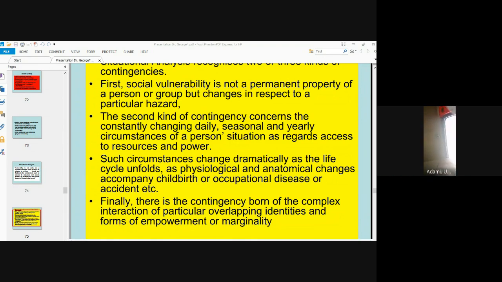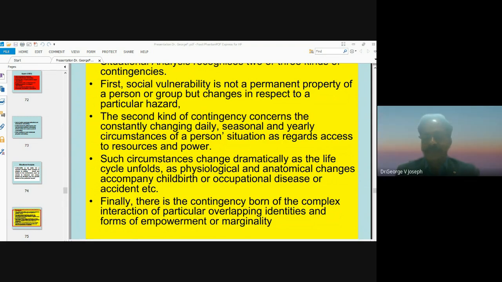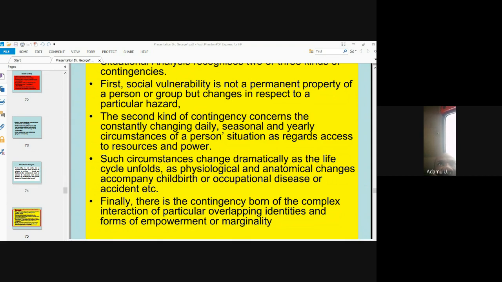If I understood correctly, vulnerability should be seen from all perspectives, all ramifications of human existence. Yes, from the availability of resources like health facilities, food, knowledge, and all other security aspects of a human being and all other parts of life. A human being can be vulnerable from all these perspectives.